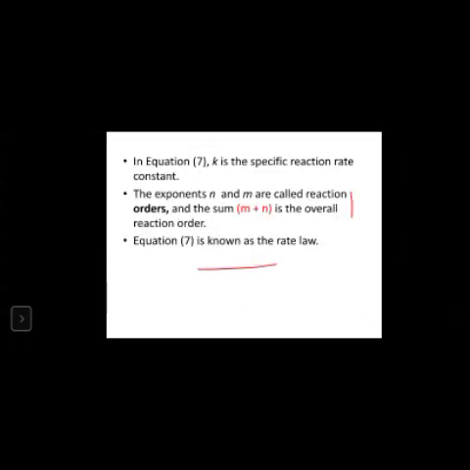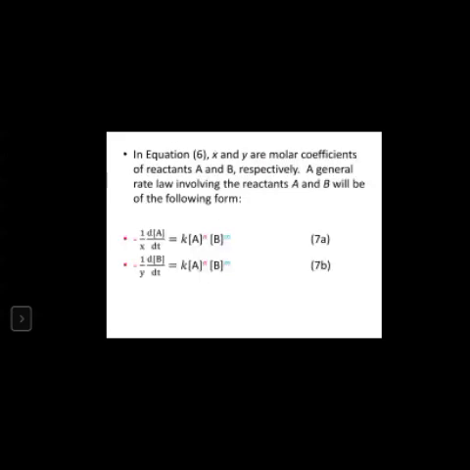Okay, you have equation 7. K stands for the specific reaction rate or specific rate constant. The exponents N and M are called reaction orders. And the sum of M plus N is the overall order of the reaction. Look at that. Get this very clearly.